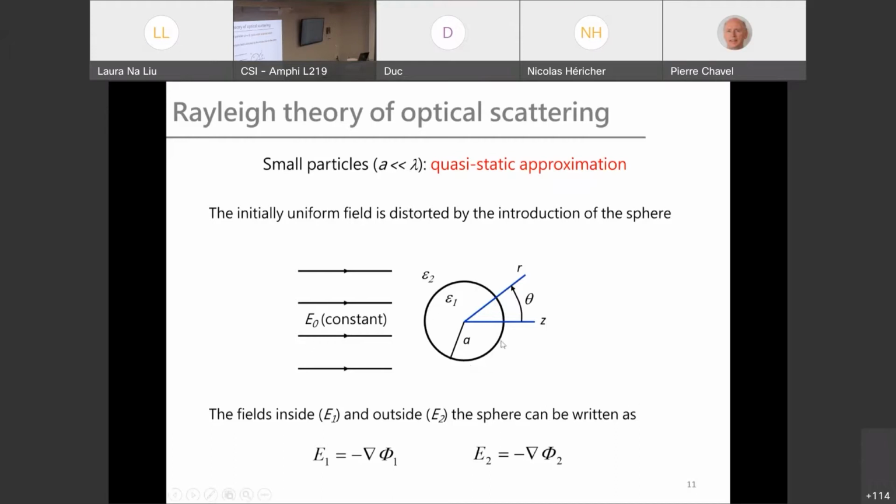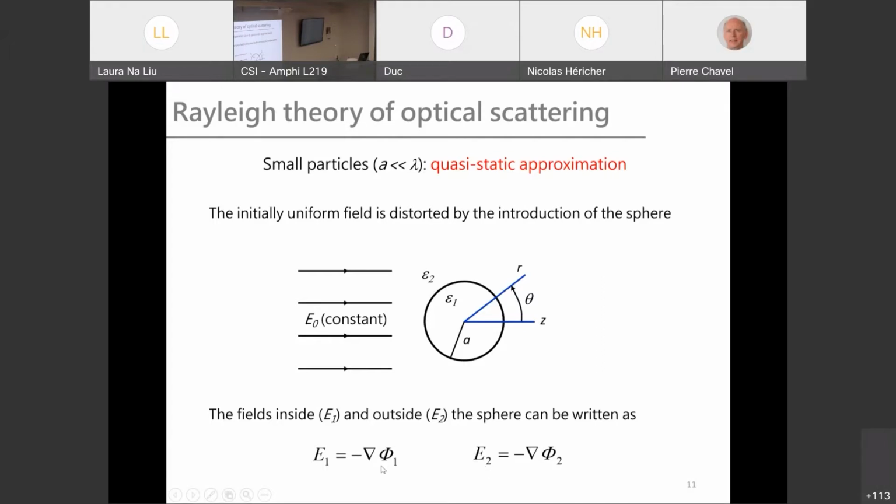Here I have a gold nanoparticle as an example. The dielectric constant of my nanoparticle is epsilon 1, and the neighboring environment is epsilon 2. E0 is my incoming light. What I'm going to do is find the electric field inside the nanoparticle, called E1, and the electric field E2 outside the metallic nanoparticle.